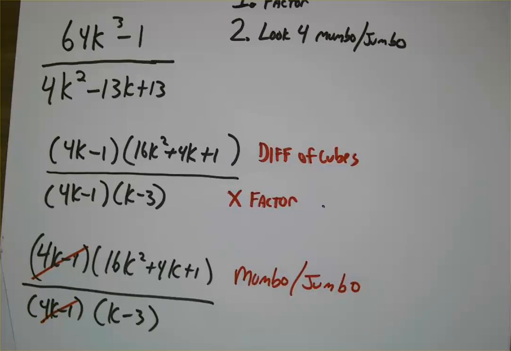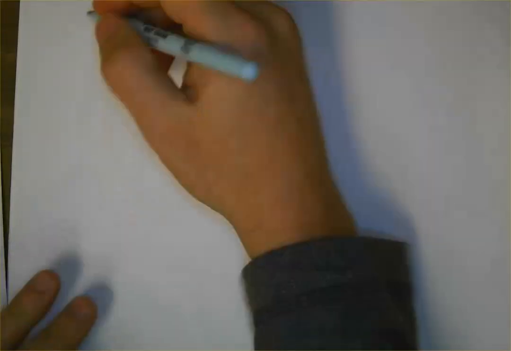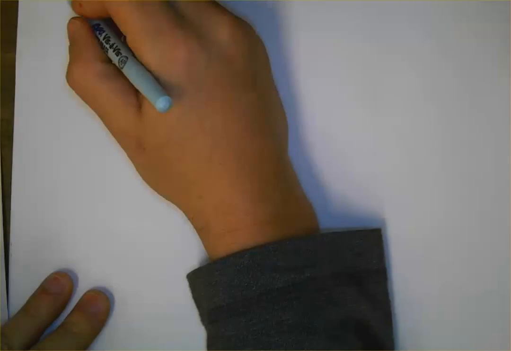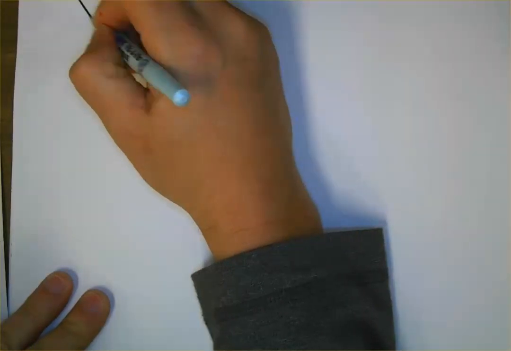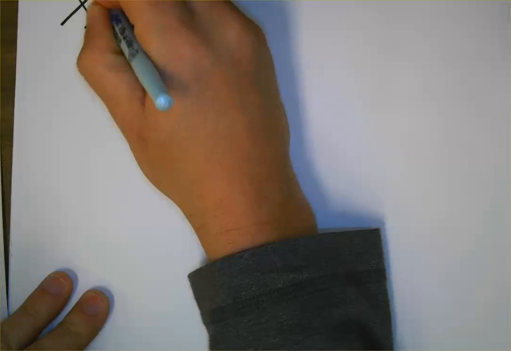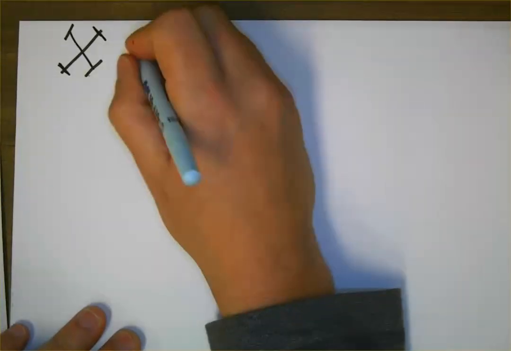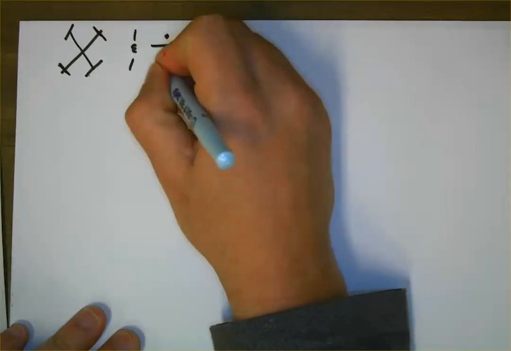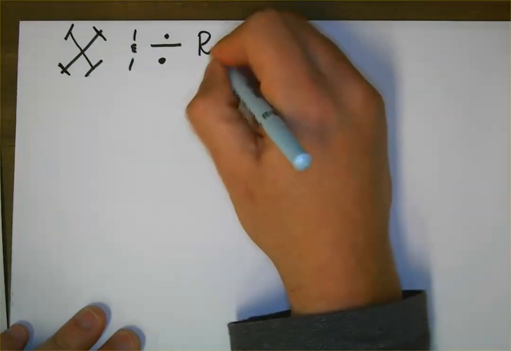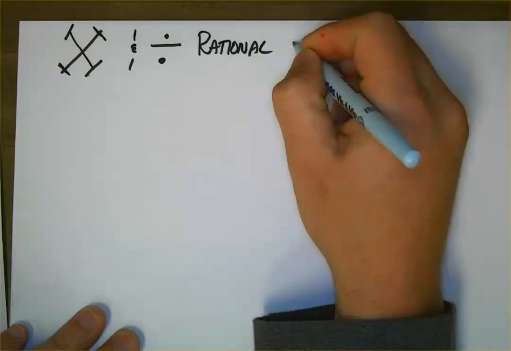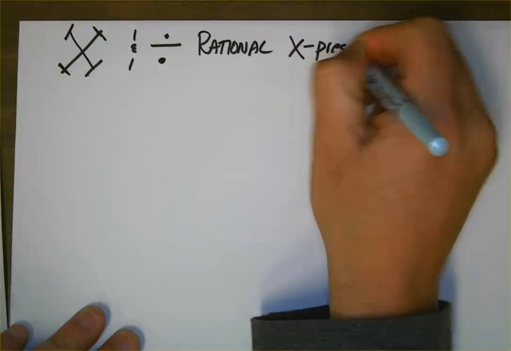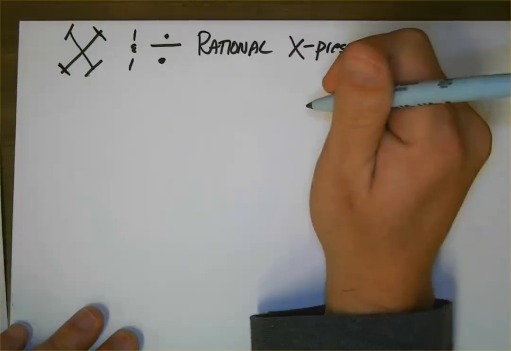That's pretty easy, right? Now let's look at multiplying and dividing rational expressions.